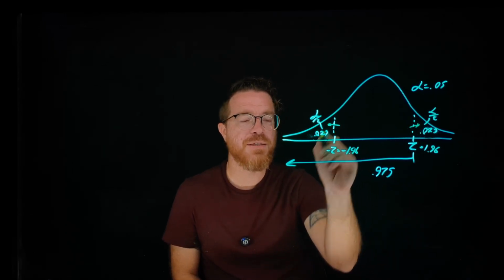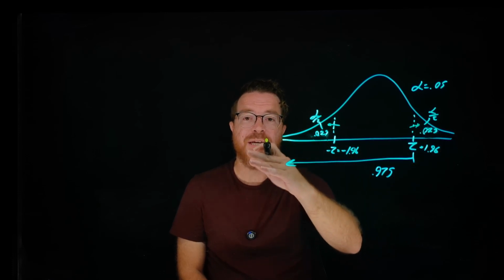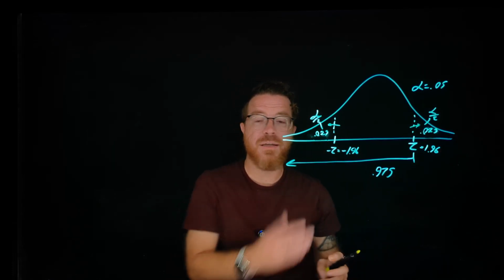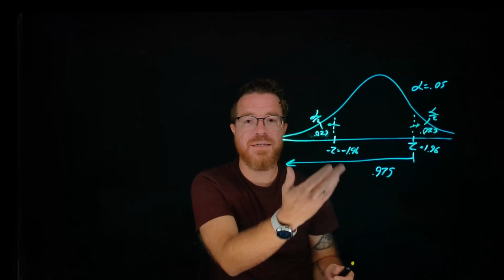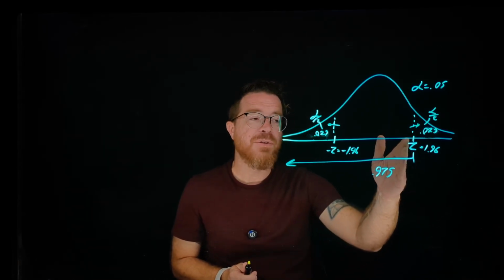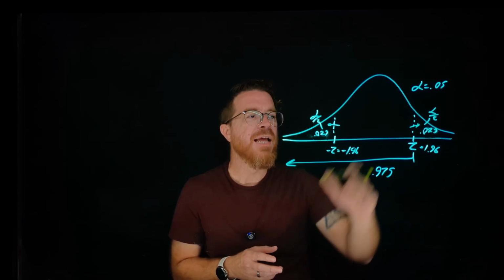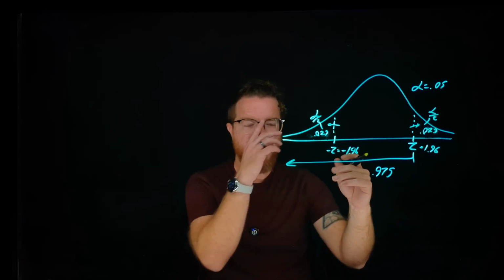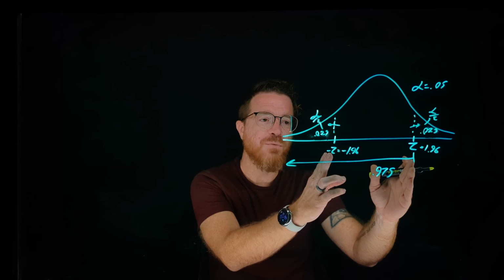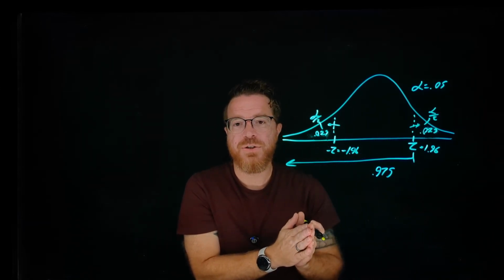In this case, because it's two-tailed, I can reject in either the positive direction or the negative direction. So if I get a value that is less than negative 1.96, let's say negative 2.33, it falls in the rejection region. If I have a value that falls above 1.96, let's say 2.78, this would fall into my rejection region. But anything that falls between negative 1.96 and 1.96 would fall in the fail to reject region.